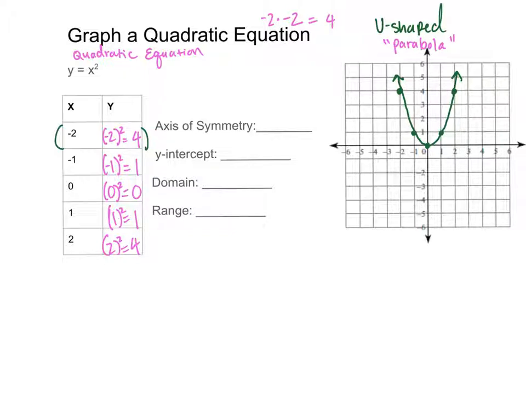And so when I look at this graph here, let's answer some of these questions. One of the things that this kind of reminds me of is the absolute value function where we were graphing v's, right? The v-shaped graph. And we called the middle part here the vertex.